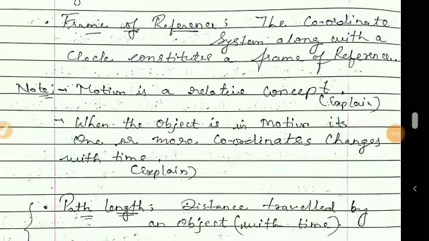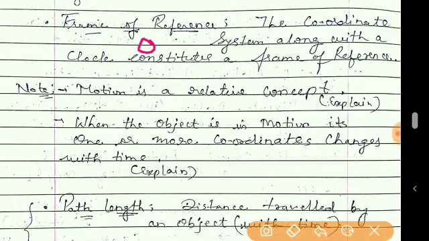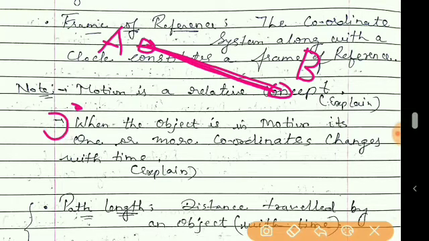It means if any object is moving from point A to point B, then its motion with respect to this point O can seem to be different, and if any person is observing from this point O dash, that can be different. So from where the observation is taken is very important, and hence it is said that motion is a relative concept.